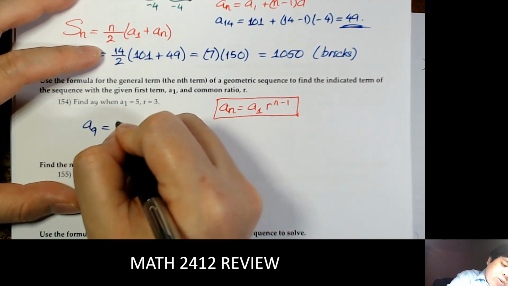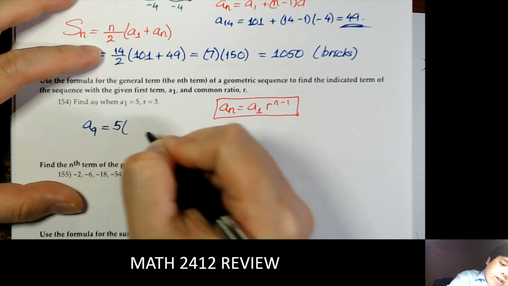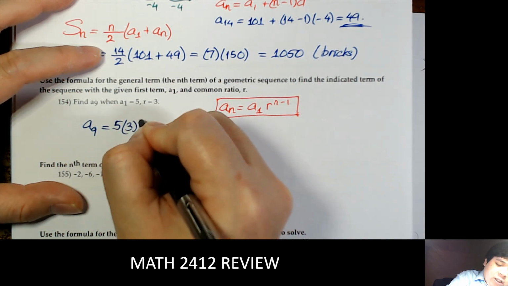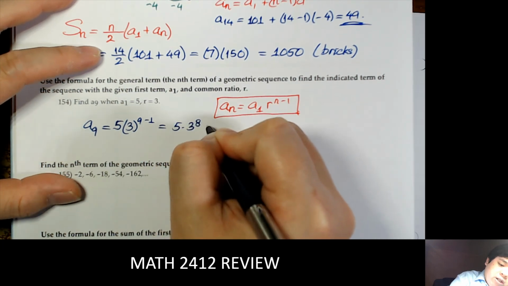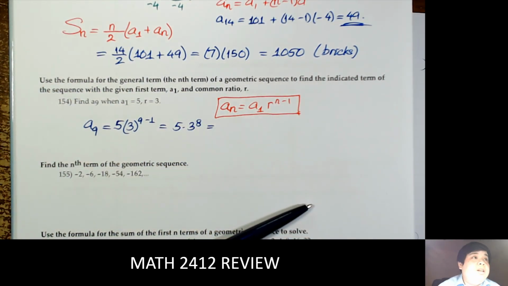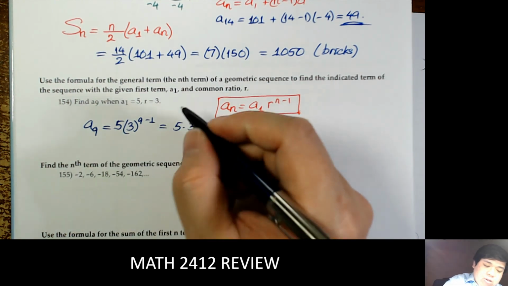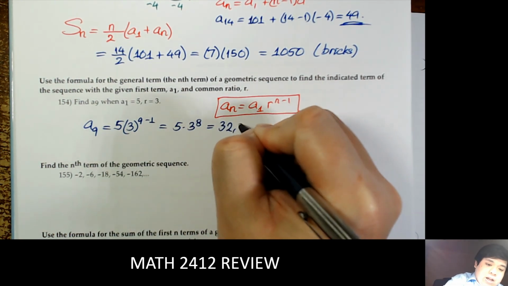The first term is 5, common ratio is 3, 9 minus 1. So 5 times 3 to the 8 power. I'm not going to do that by hand. 5 times 3 to the 8 power is 32,805.